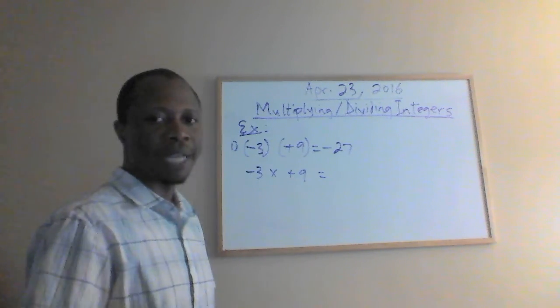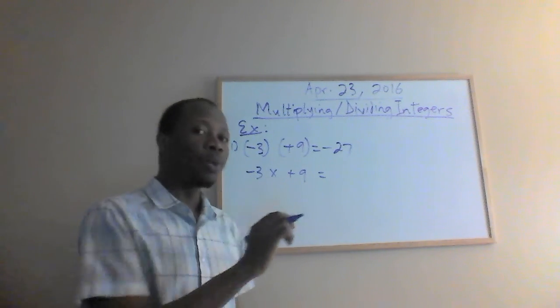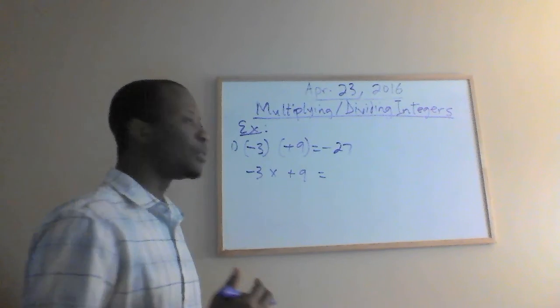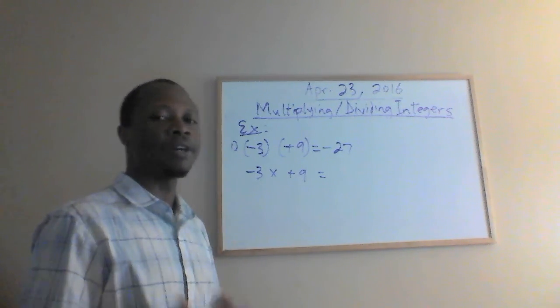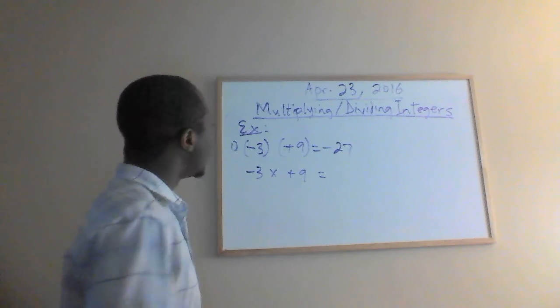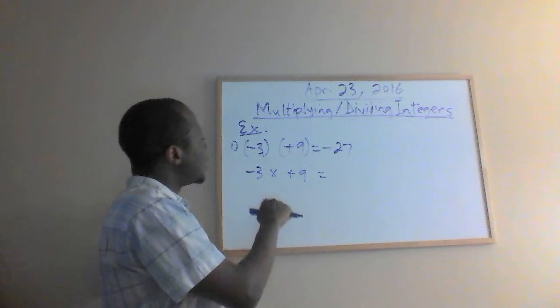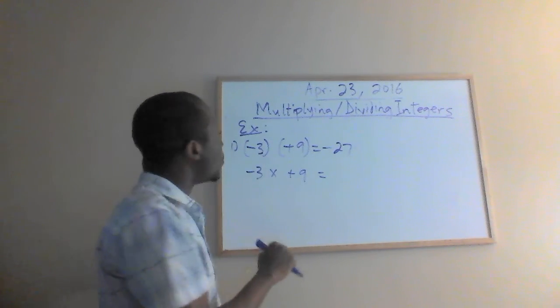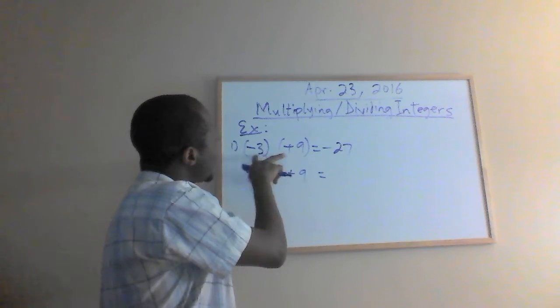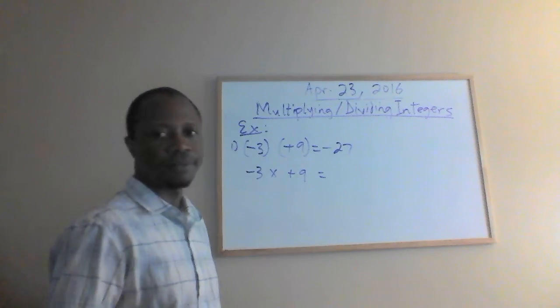Once we know that, we don't really need to memorize the rules for the division or multiplication of our signs. So again, we multiply 3 and 9 to get 27, and multiply the two signs to get negative.